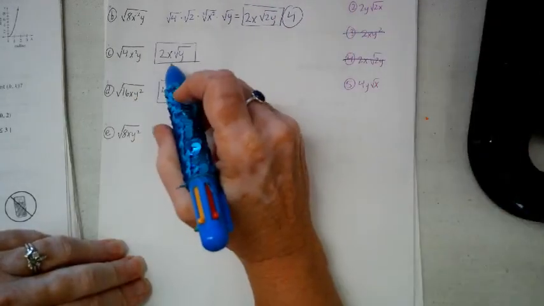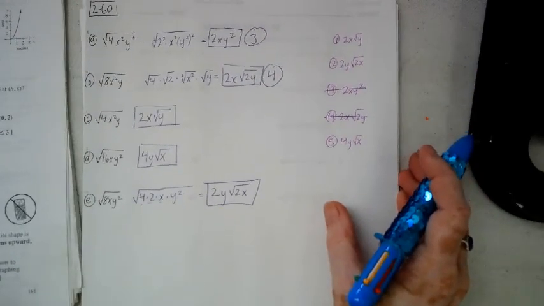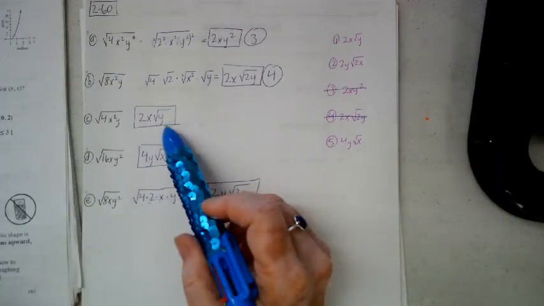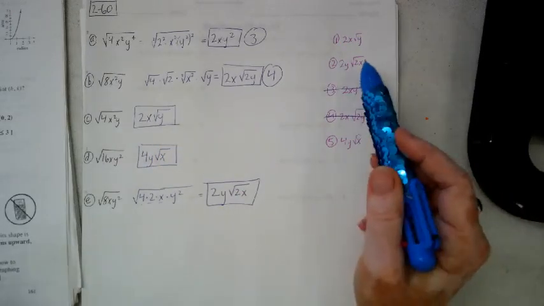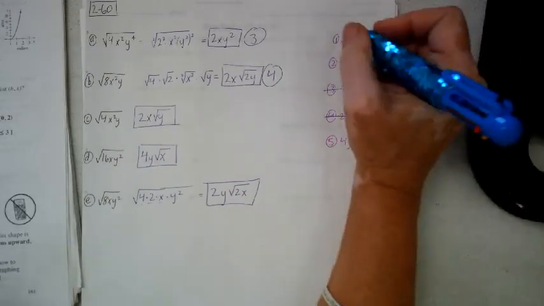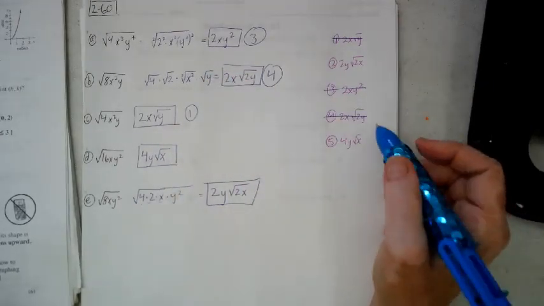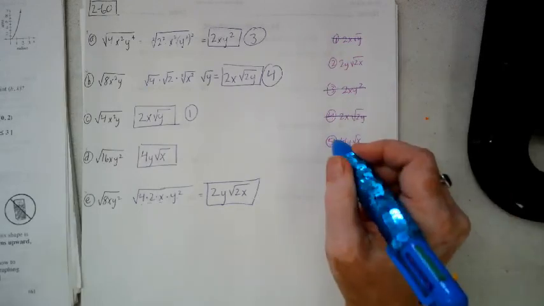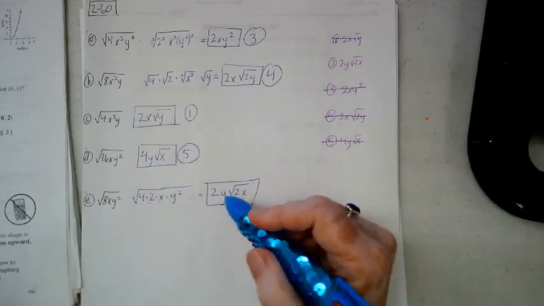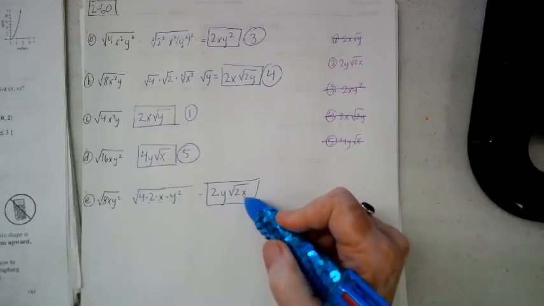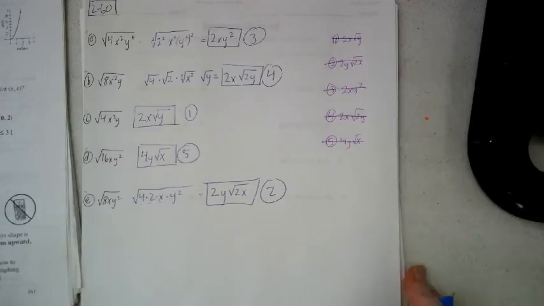And then 2x root y, that's number 1. And then 4y root x, that's number 5. And then 2y root 2x, that's number 2.